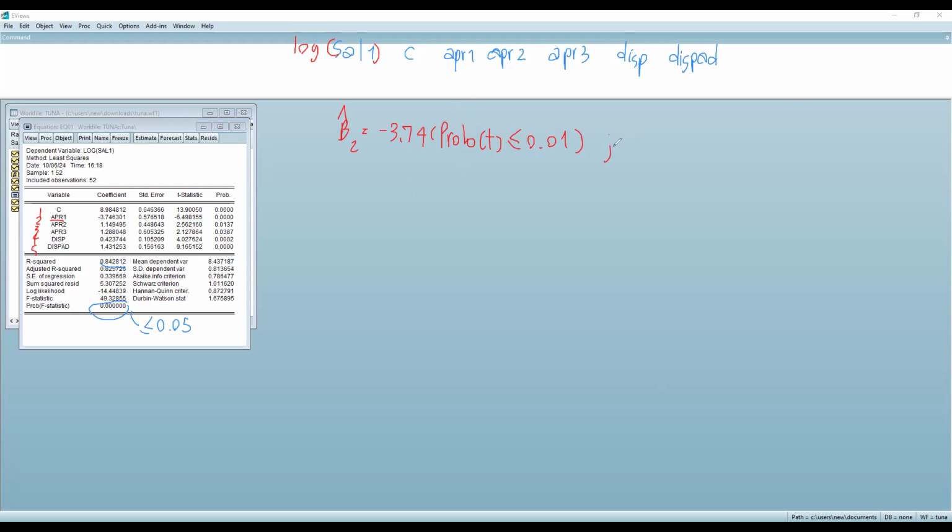If I have price, right, and price increases by one, do they have the unit for us? Yes. If price increases by $1, sales decrease.